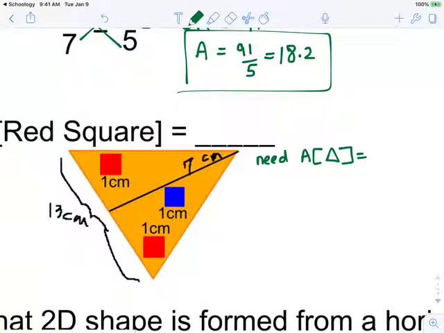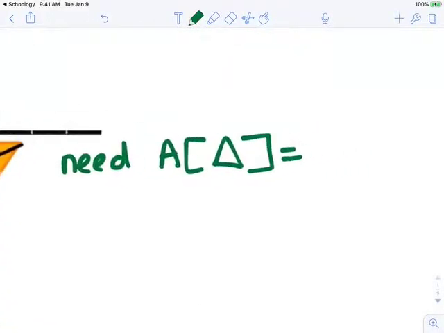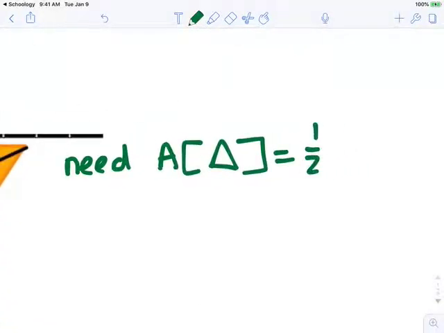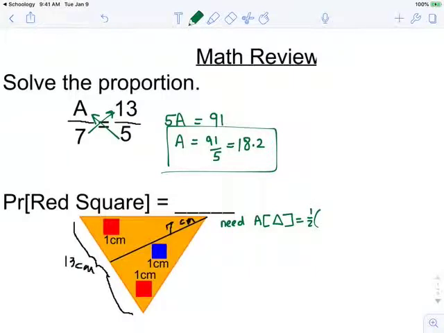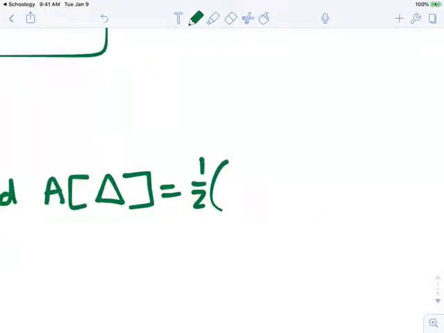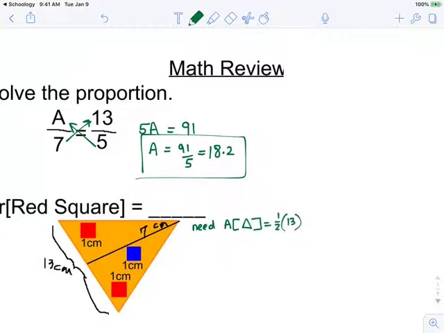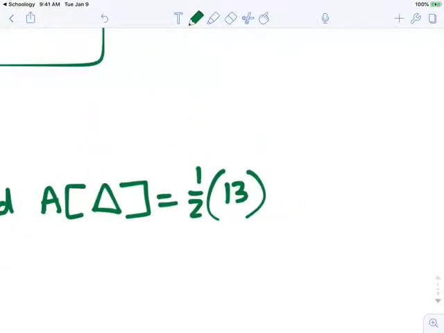We can do that mental math. Well, let's write it down just so we see. 1/2 times base was 13 centimeters. Height was 7 centimeters. This is base times height times 0.5.